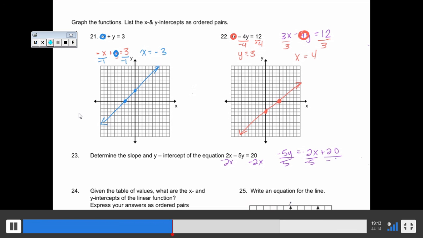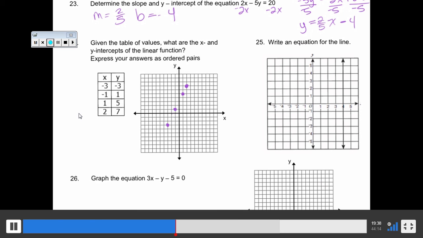Divide by -5 under every term, and we end up with y equals 2/5 x minus 4. So the slope is 2/5, and the y-intercept is -4.